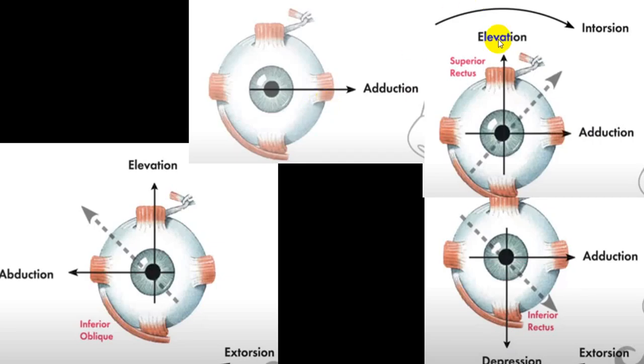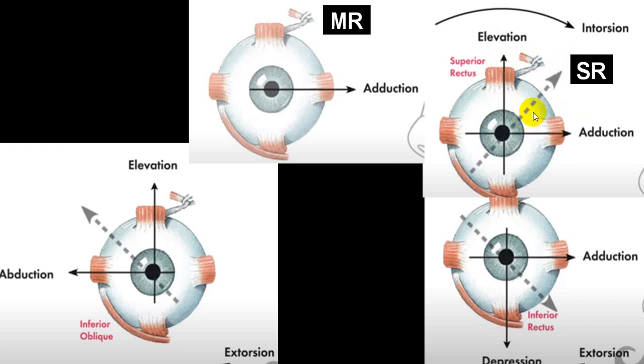Medial rectus will do pure adduction. Superior rectus will do adduction as well as elevation, and together it will be moving the eye in this direction.